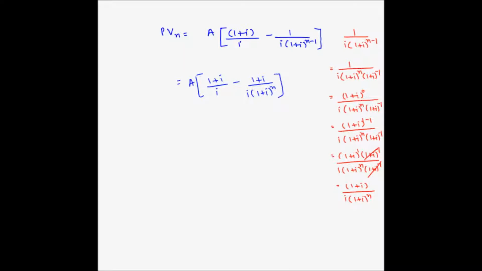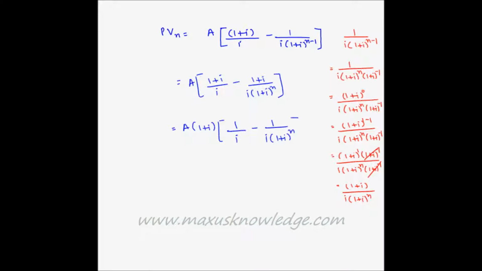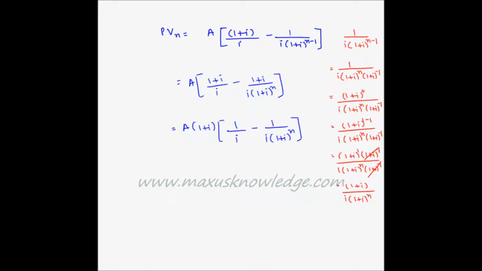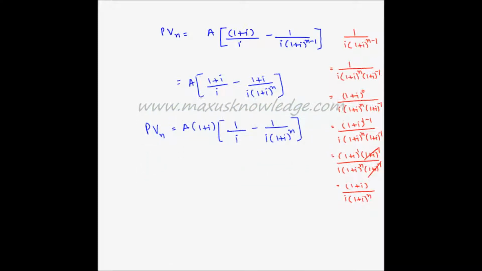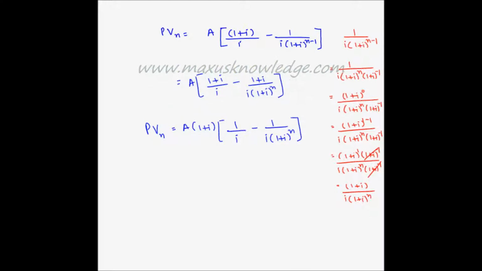Now here we can take 1 plus I as common, so this becomes A into 1 plus I into bracket 1 divided by I minus 1 divided by I into 1 plus I to the power n. So this is the formula for finding present value in case of an annuity due. Now if you recollect, the present value in case of an ordinary annuity is A into bracket 1 divided by I minus 1 divided by I into 1 plus I to the power n.